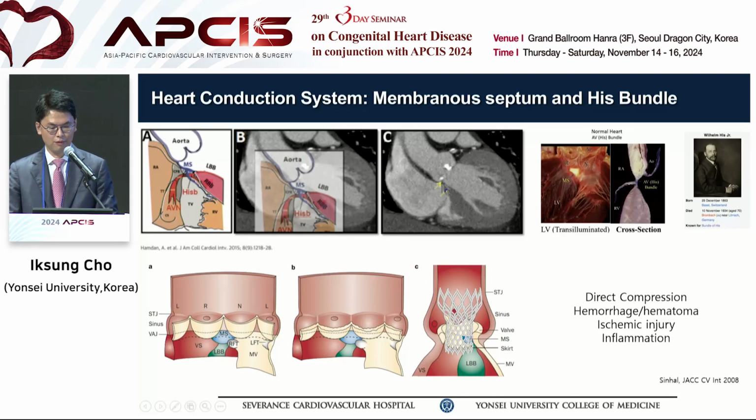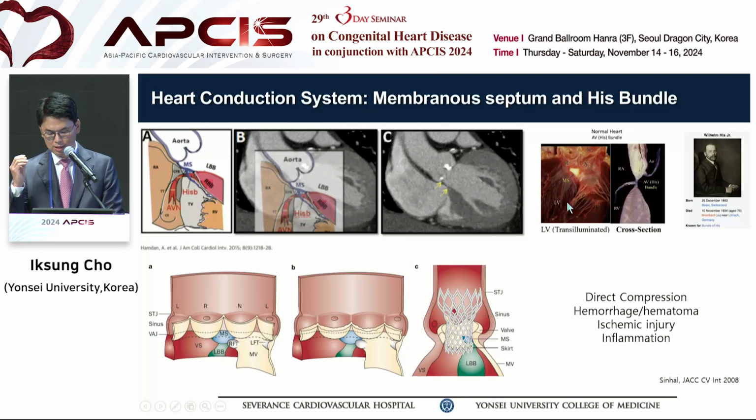So if the TAVR valve is implanted here and directly compresses the membranous septum and the penetrating site, we can cause a left bundle branch block or complete AV block. Even though there is no direct compression, a hemorrhage or hematoma could also cause conduction abnormality, and also ischemic injury or inflammation. All these can cause a conduction abnormality.